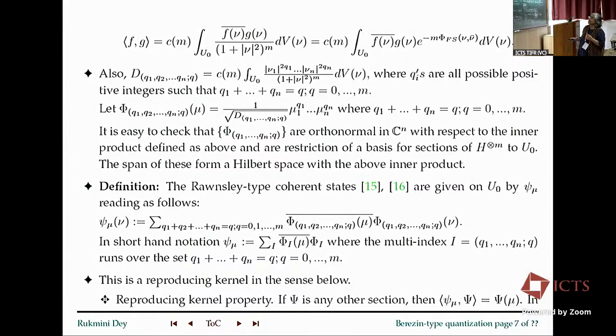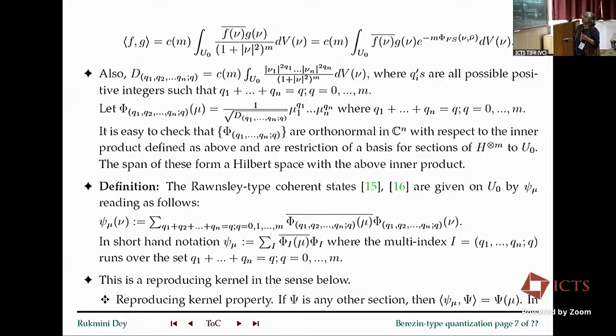So phi_j at mu, multiplied with phi_j evaluated at mu bar, and summation. So this is my coherent state, and I will write it in short as psi_mu, where mu is the parameter running over U0.